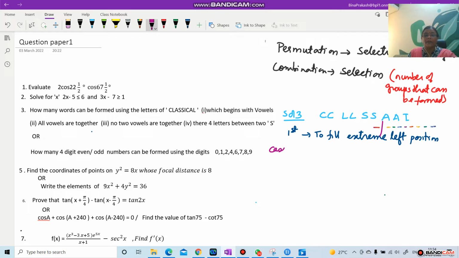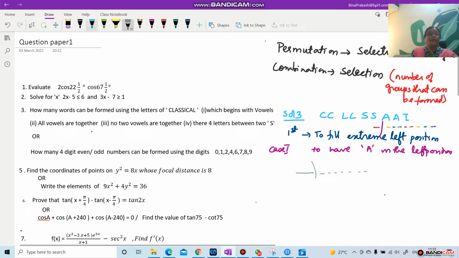Case 1. What is case 1? That is to have A in the extreme left position. So we have decided to keep the extreme left position for A. That is, you are using only one element, that is A. Now what are the elements that you have for the remaining 8?